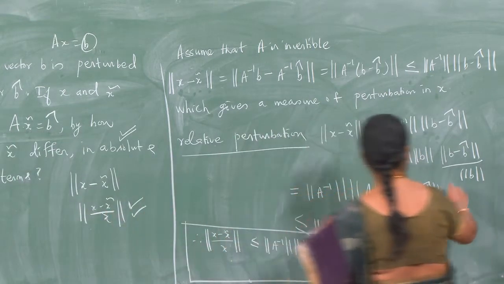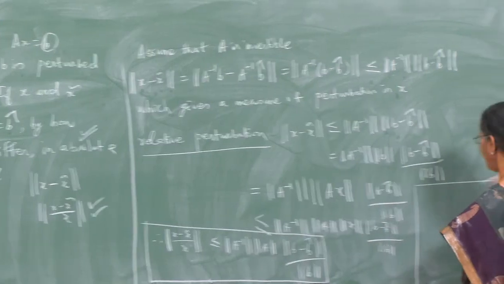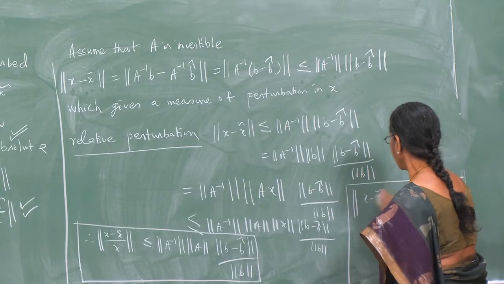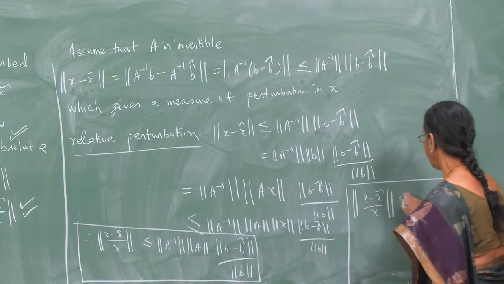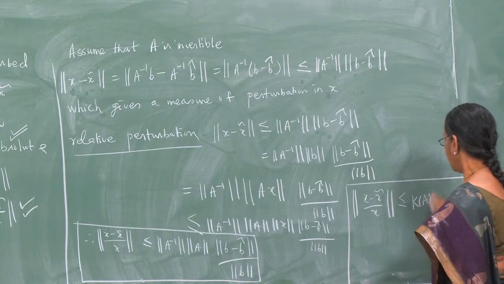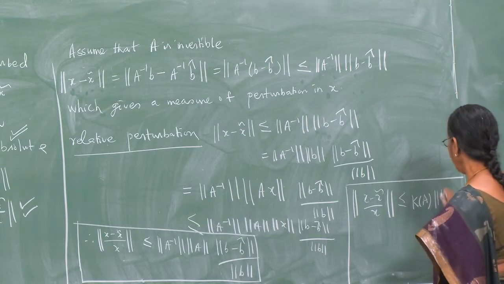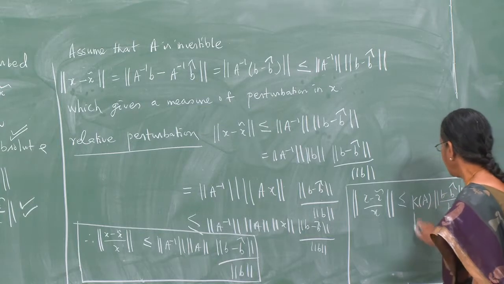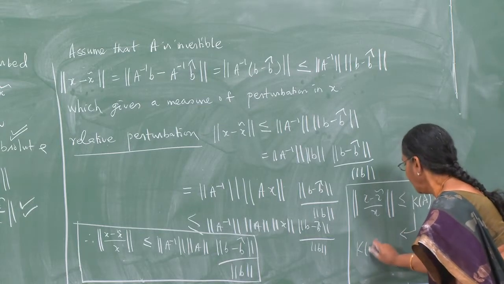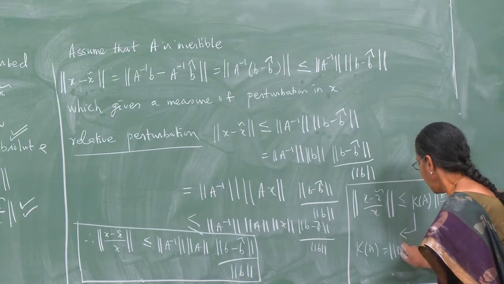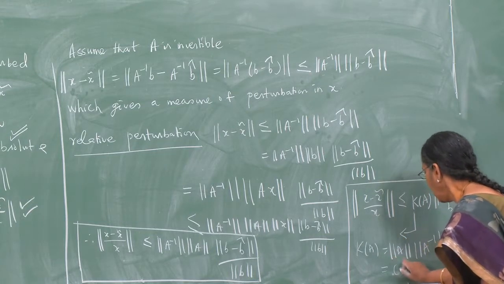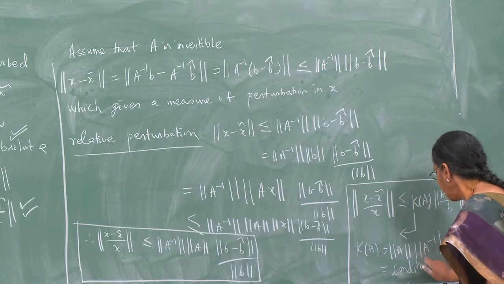I denote norm A into norm A inverse as K of A. So, K of A multiplied by norm B minus B cap by B. What is K of A? K of A is norm A into norm A inverse, which I call the condition number.